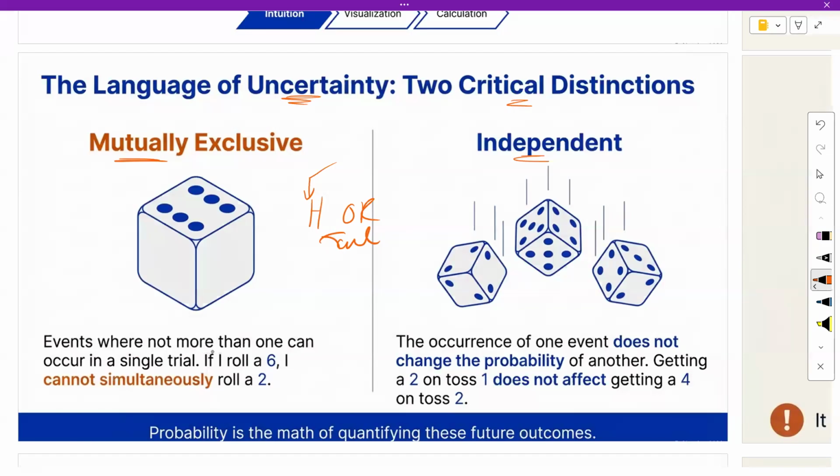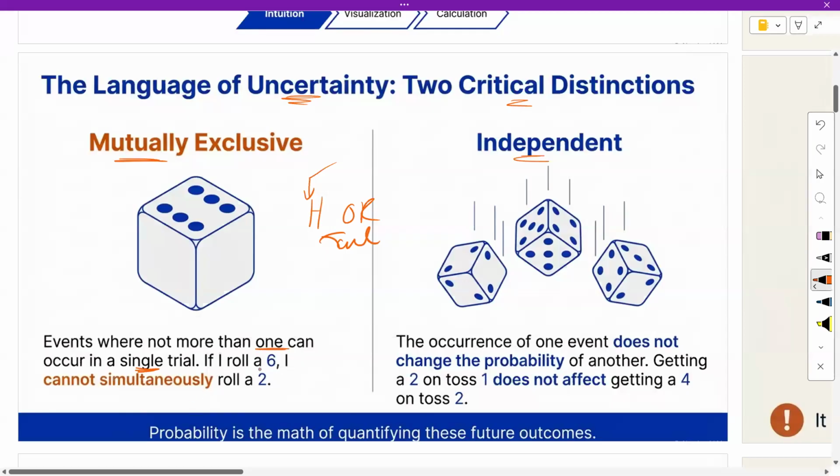Events where not more than one can occur in a single trial. So throwing a 6-face die is a single trial. The possible outcomes are 1, 2, 3, 4, 5, 6, but at a time you can get only one outcome.